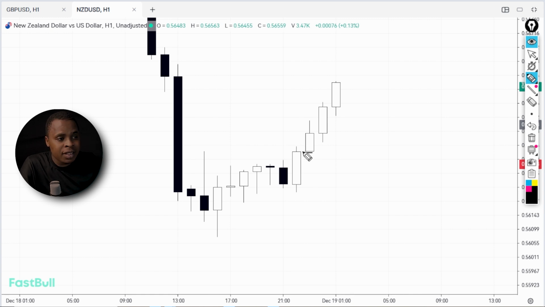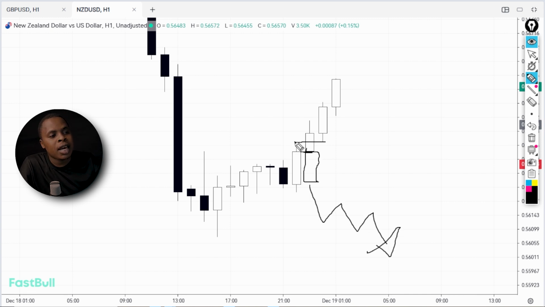If this candle which is coming next is a bearish candle, we can avoid losing this trade by just placing a buy stop above here. So if the market was going to create a bearish candle and start moving to the downside, we probably are going to avoid that by just placing a buy stop above the highest part of this candle.